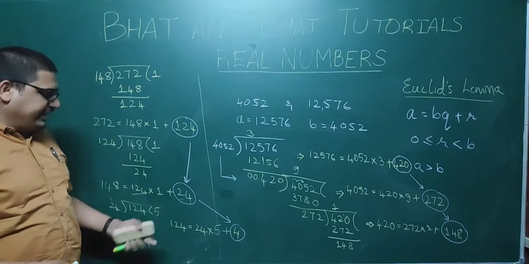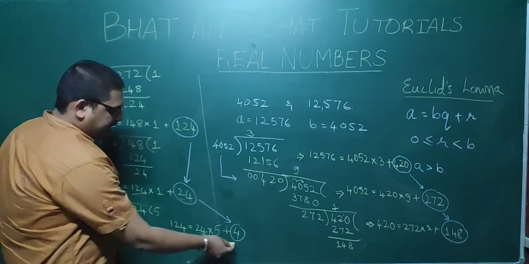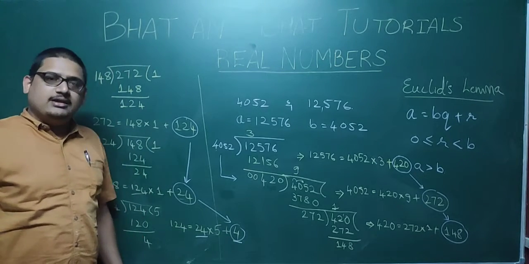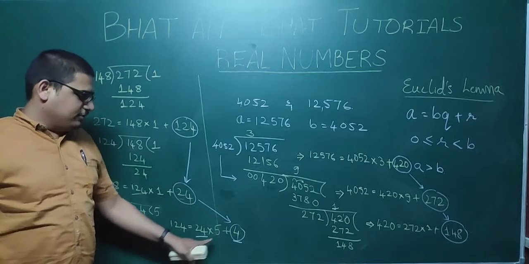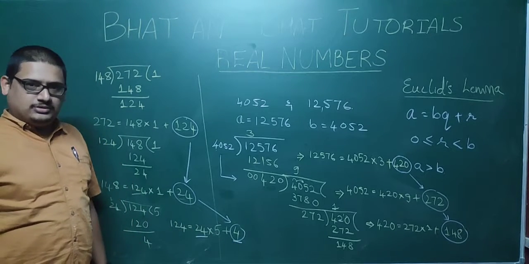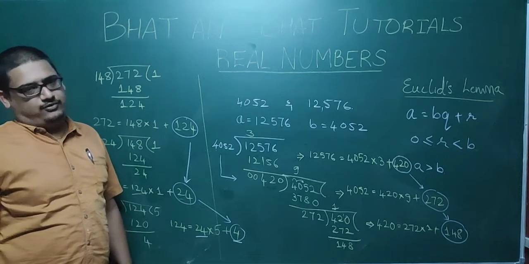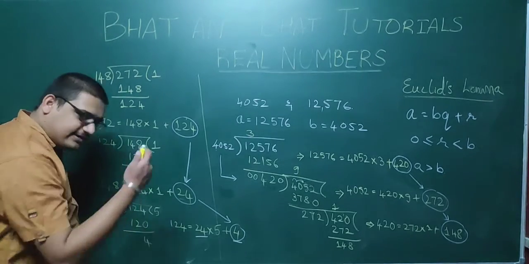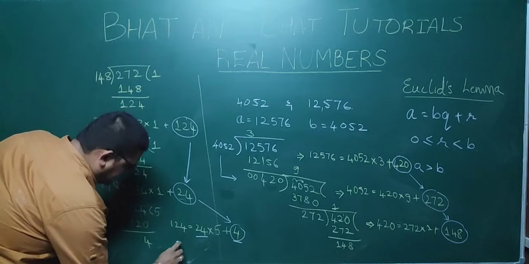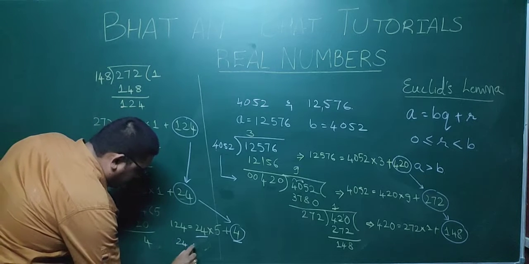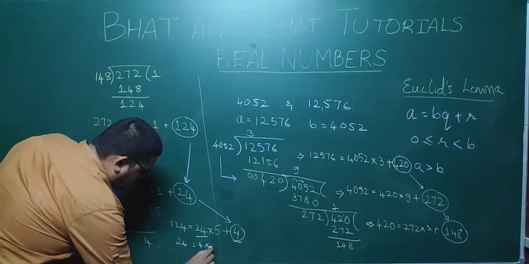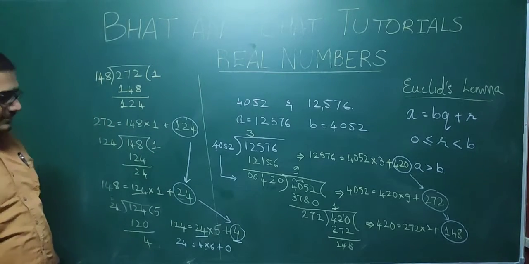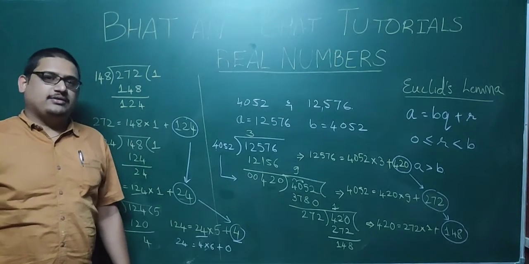Now you observe, next step I have to take 24 and 4, and it is clearly understandable that 24 is a multiple of 4. So 4 6s are 24. So how will I end up? Let me just write it here. I will write the statement directly, that is 24 is equal to 4 into 6 plus 0.